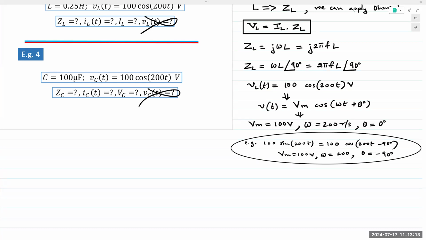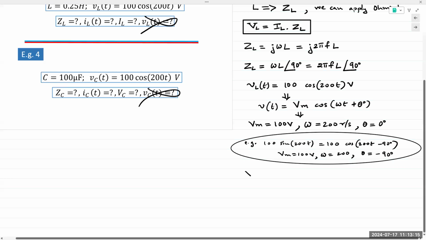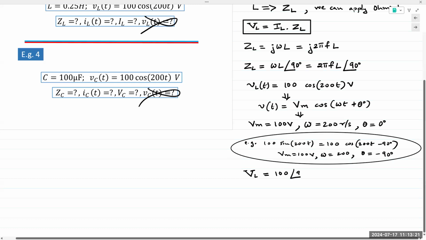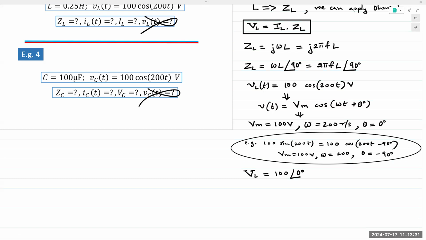I'm directly going to write out the phasor for the inductor voltage VL, which is 100 with the angle of 0. Then I want to find the current I. From Ohm's law, I would be given by V over Z, voltage divided by the impedance. So I need to perform a division.